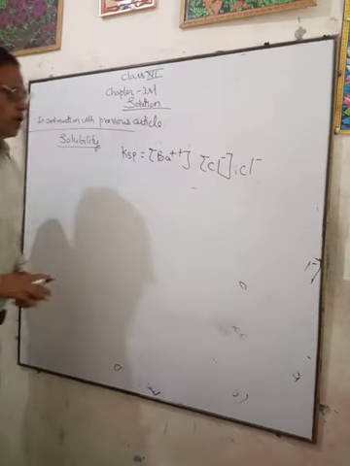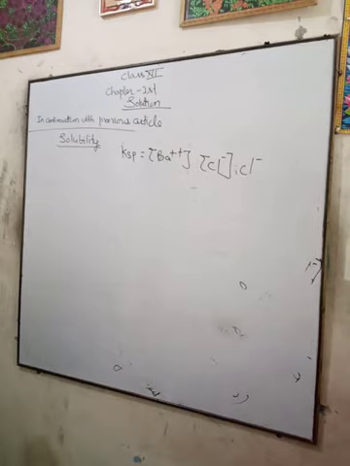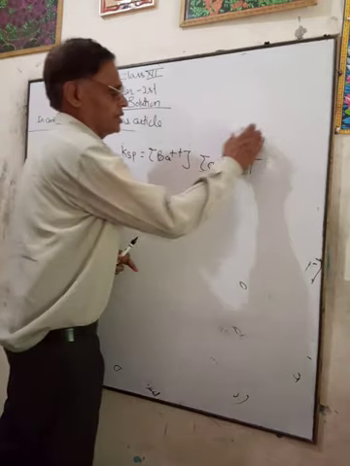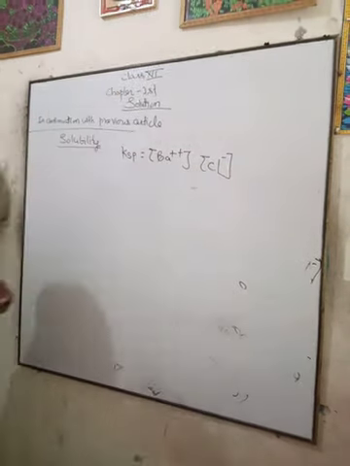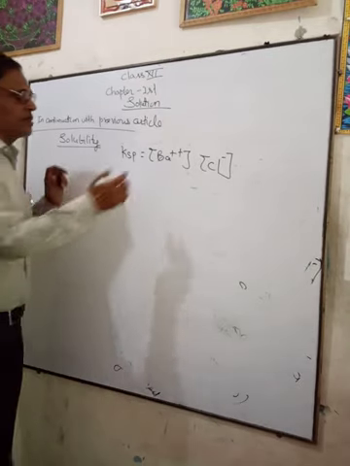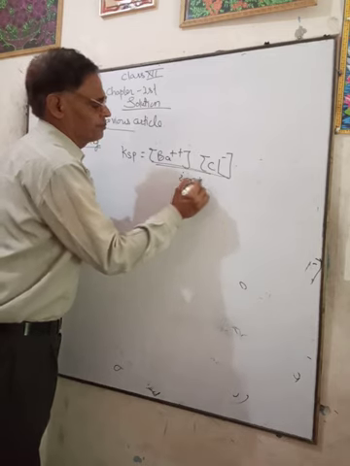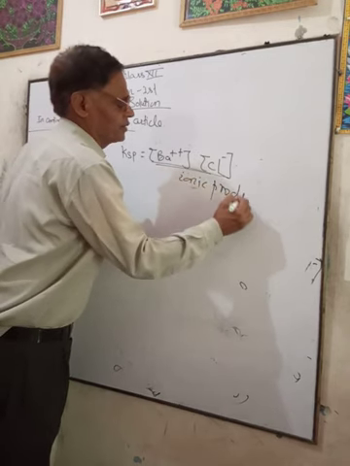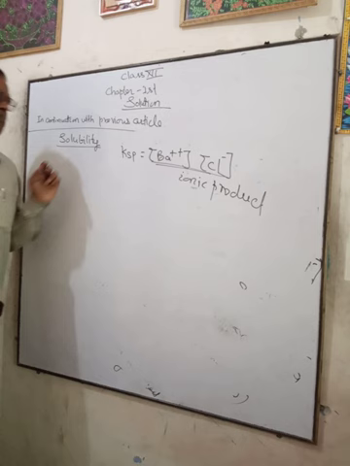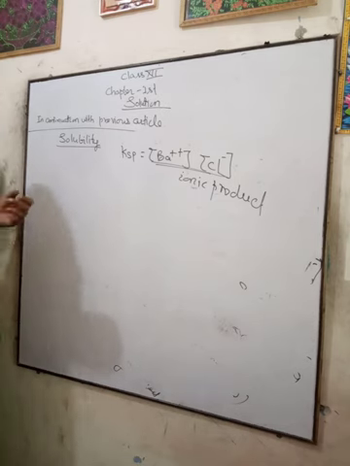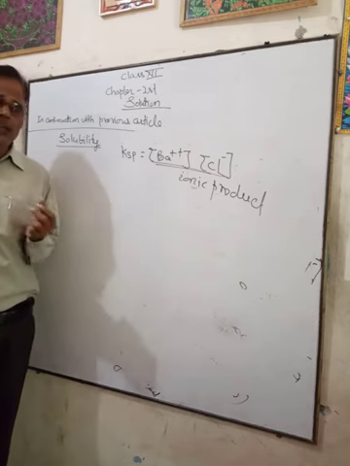That is what we have got. Then this is your solubility product, and this part, where the ions are present and their concentration is taken, is called the ionic product.